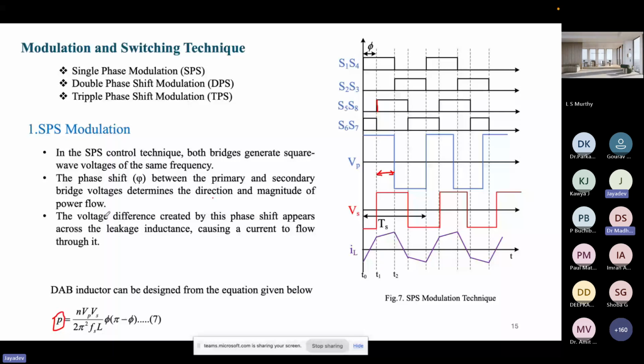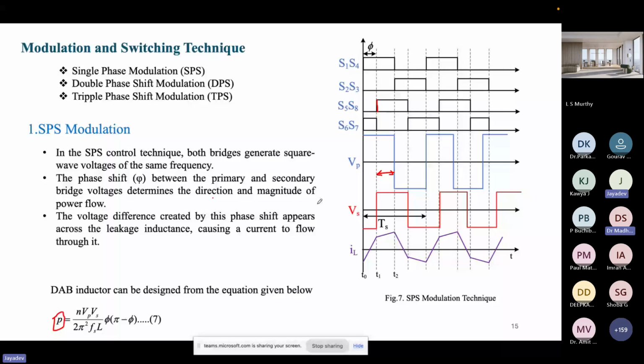As you see, the whole time there will be a phase difference between the primary and secondary across the inductor. Because of that, the inherent current will circulate between them. So to reduce this circulating current and to improve the efficiency, we go for the double phase shift modulation.